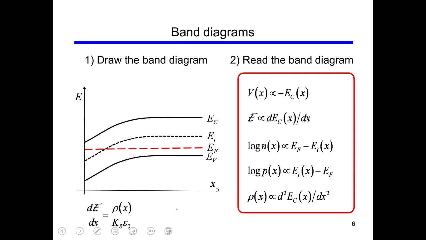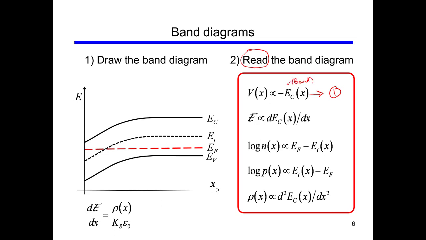Here is again the energy band diagram, and we want to read the energy band diagram. We already know the first formula from the previous slide, that the potential along the x direction is proportional to the negative of our band.